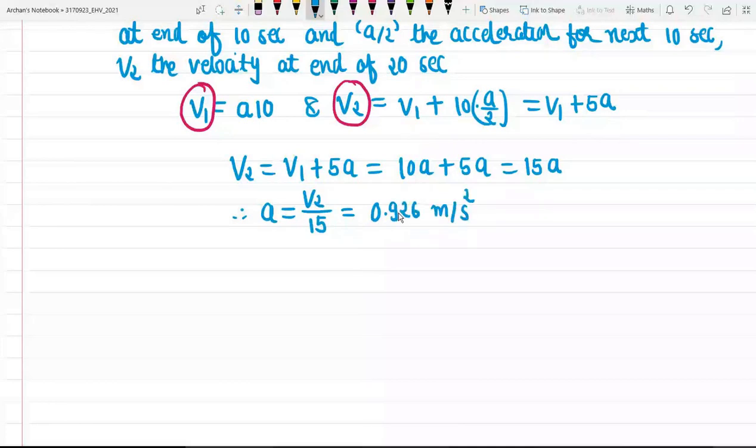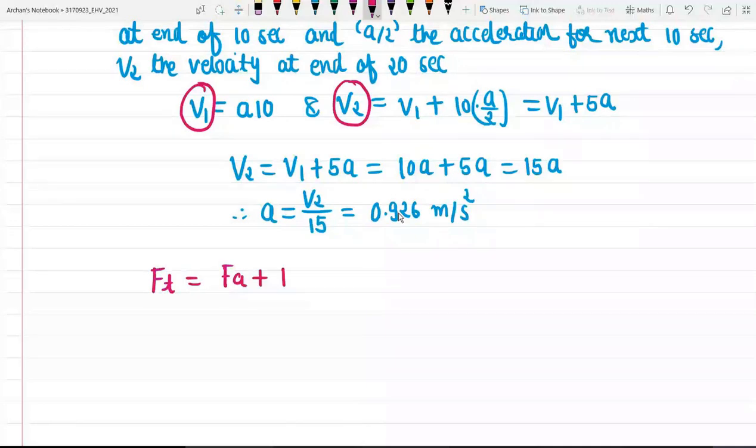Initially for the first 10 seconds we will accelerate our vehicle at 0.926 meter per second square, and after that half of that for the next 10 seconds. For this much acceleration, now let us calculate the traction force required. Traction force required is acceleration force plus aerodynamic drag plus rolling resistance.